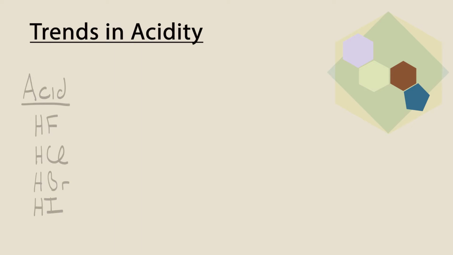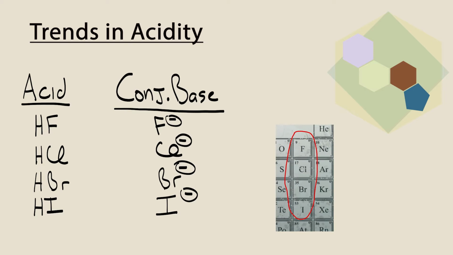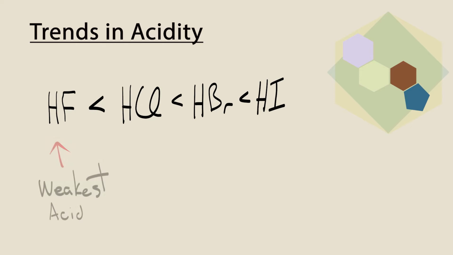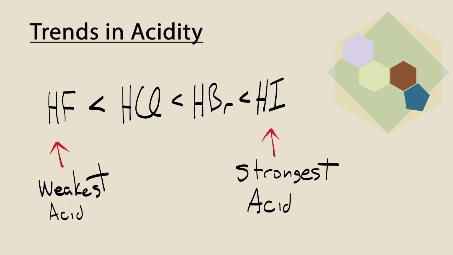The first trend we will look at is the relative strength observed in the binary halogen acids, HF, HCl, HBr, and HI. Again, the stronger the acid, the more stable the conjugate base. So we must first write down all of the conjugate bases and explain their relative stability. The observed trend is that acid strength increases as we go from HF to HCl to HBr to HI.